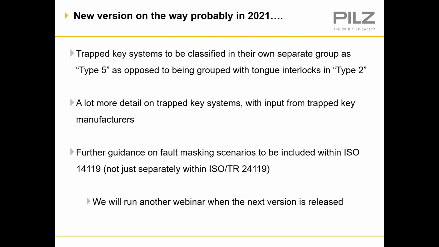So a new version of 14119 has been on the cards for a little while, and some of the main changes within that will be that trap key systems are potentially going to be classified in their own specific group. Where they're listed as type 2, they will become type 5, and there'll be far more detail on trap key systems.